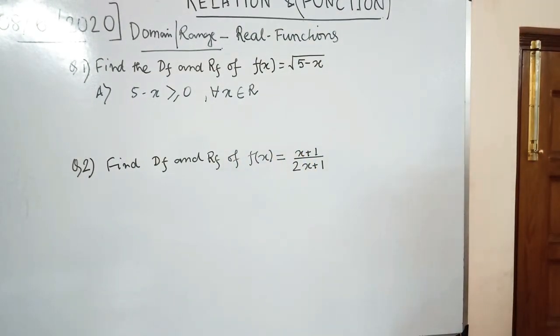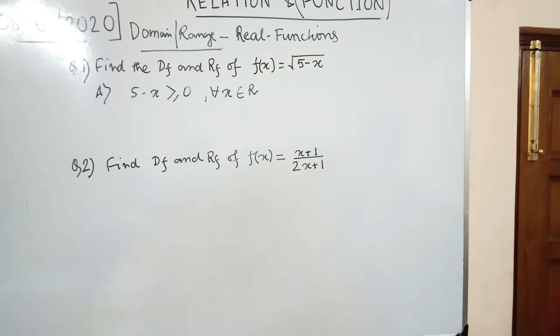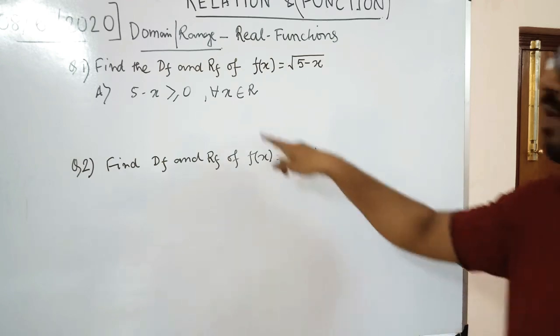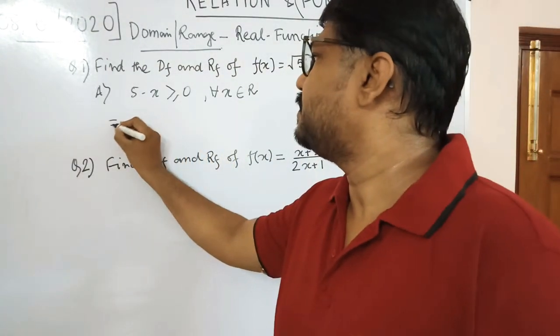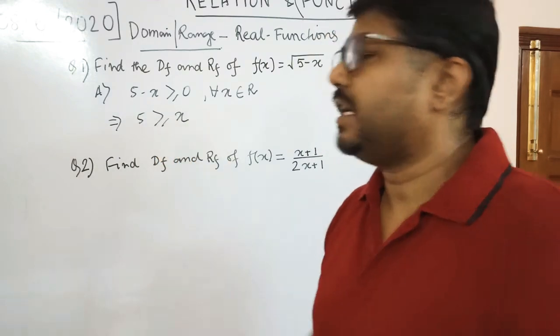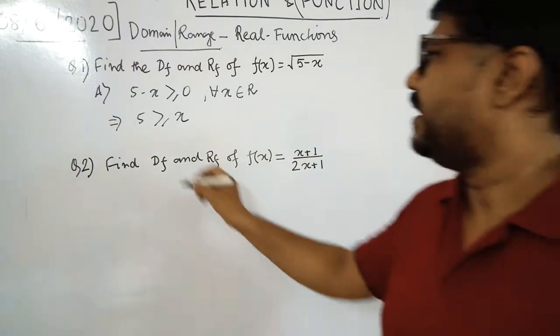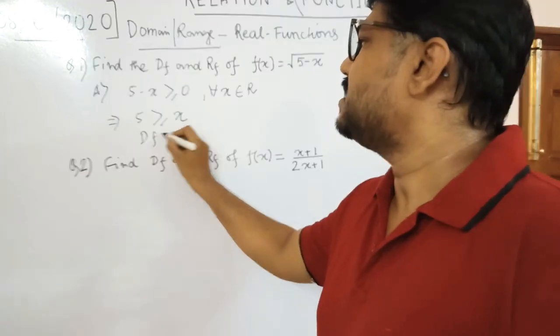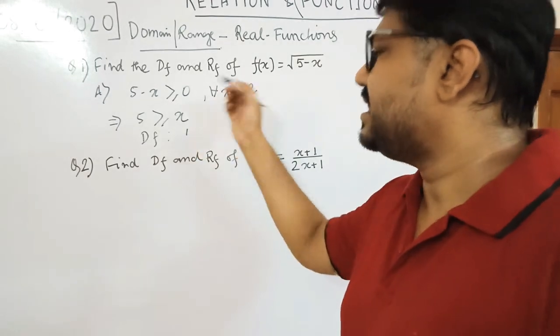Okay, so this inverted A is a symbol, and it means for all values. So for all real values of x, this is true. That means next step you can write that x is less than or equal to 5. So the domain of this function is x less than or equal to 5.